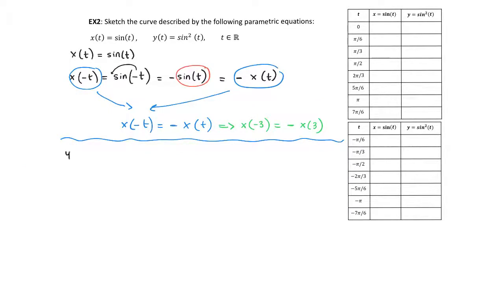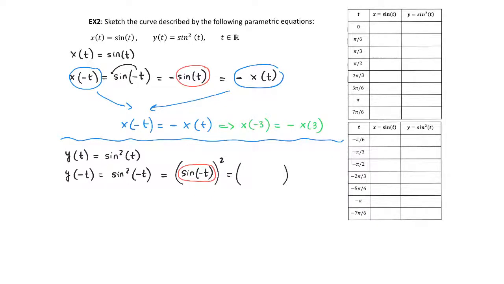We know that y of t is equal to sine squared of t. So if we consider y of negative t, that will be equal to the sine squared of negative t. I am going to rewrite this though as sine of negative t, all of it squared. And then again, knowing that sine is an odd function, I can re-express that inside as negative sine of t.